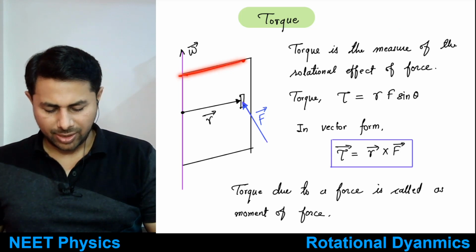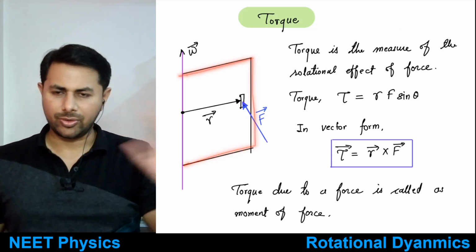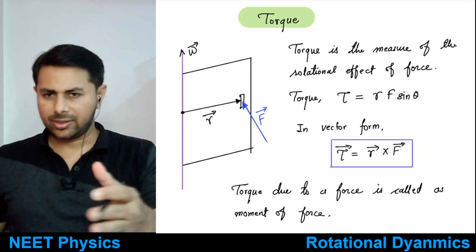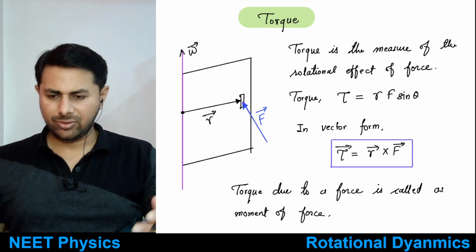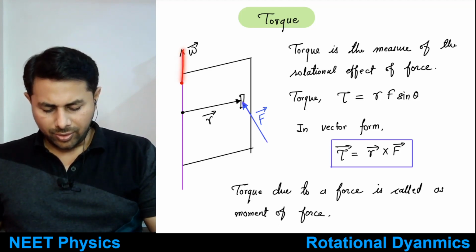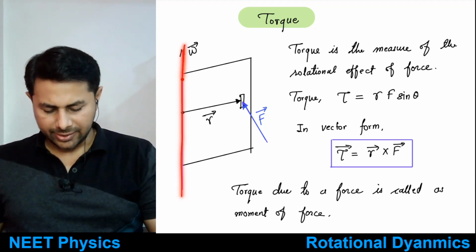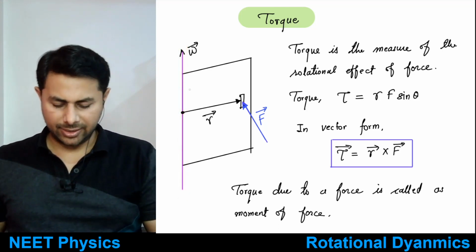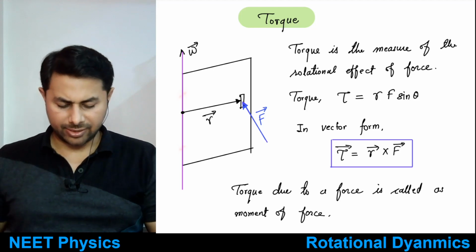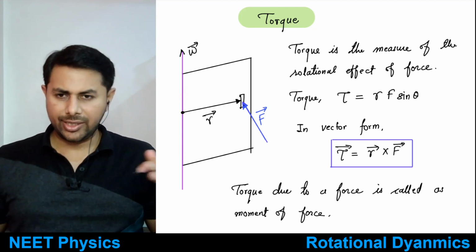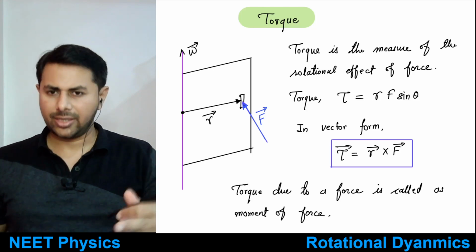For an example, suppose you have this door, the door of your room that you are sitting in right now, and you want to open it, or if it is open, you want to close it. Then the door will rotate about this axis, which passes through its hinges. Where do you need to apply the force in order to rotate it?